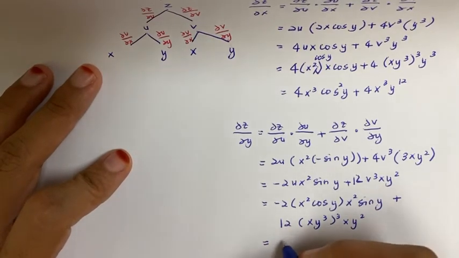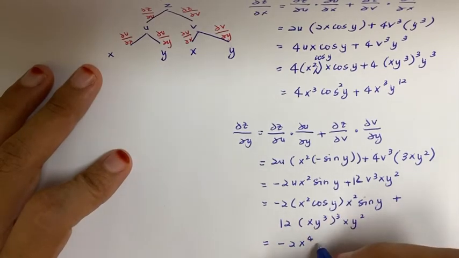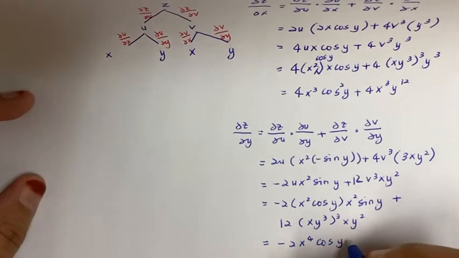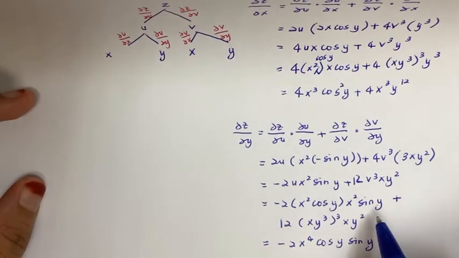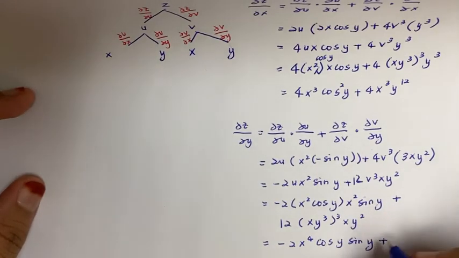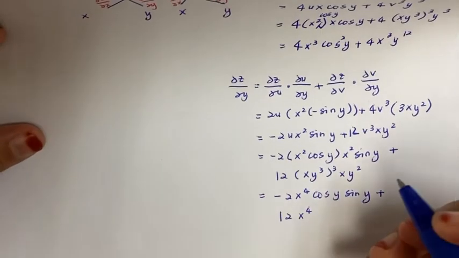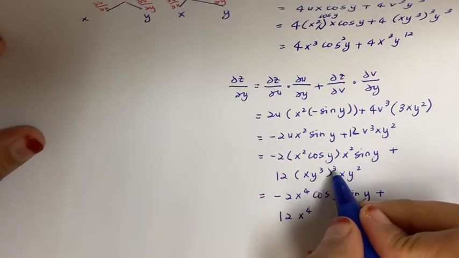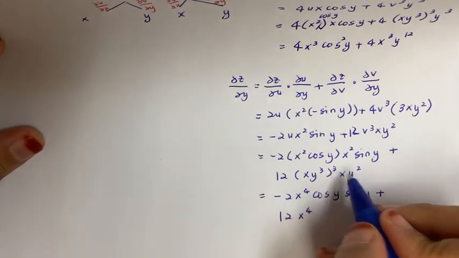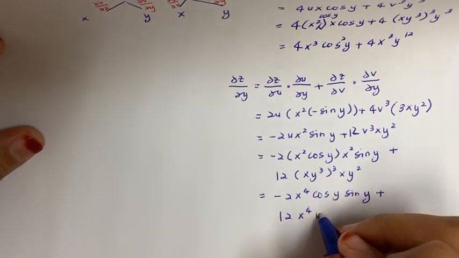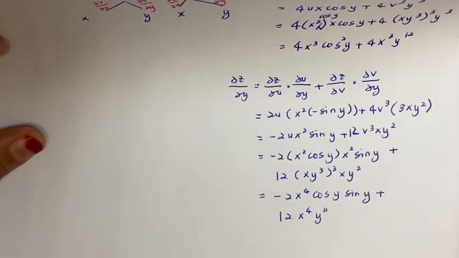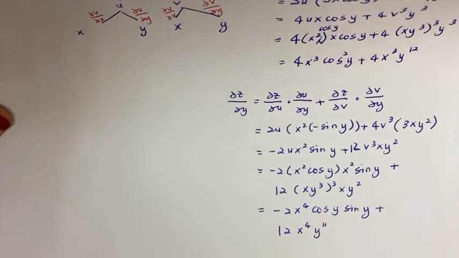So this is minus 2x to the power of 4 cos y sin y, plus 12x to the power of 3 multiplied by x, you have x to the power of 4, and then y cubed is y to the power of 9 multiplied by y squared is y to the power of 11. So this is our del z over del y.